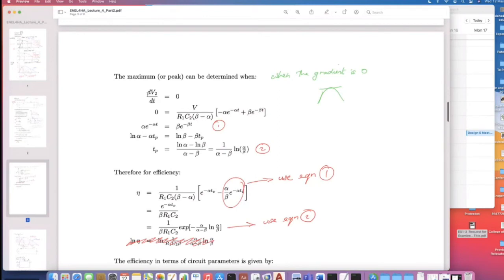So if we set dV2/dt to 0, we can start trying to find our t. We should know the rest of the values. We can rearrange our values such that we find a value for t peak.